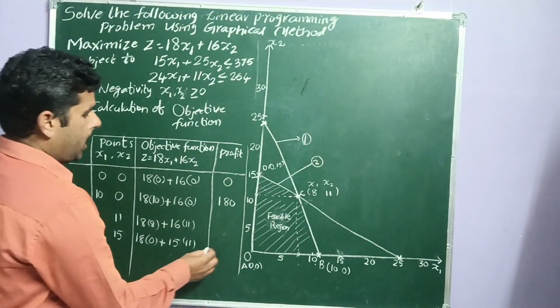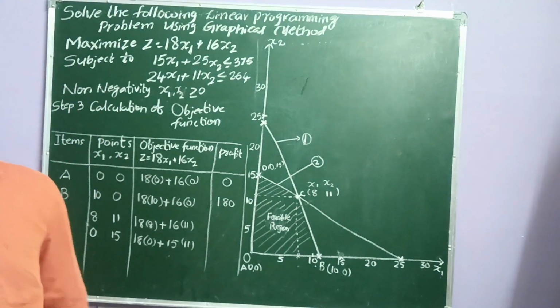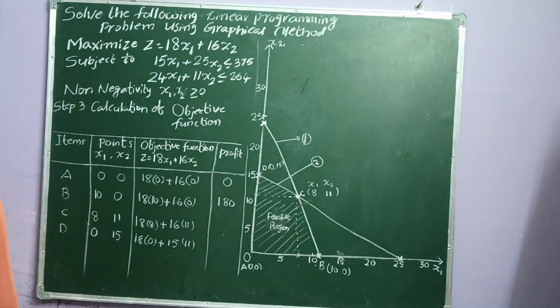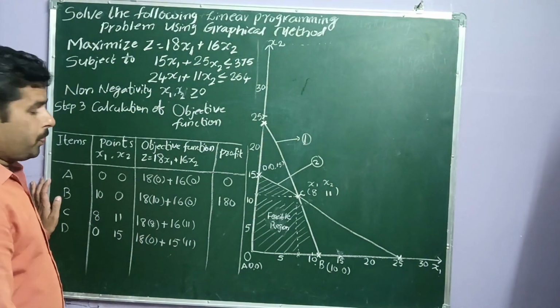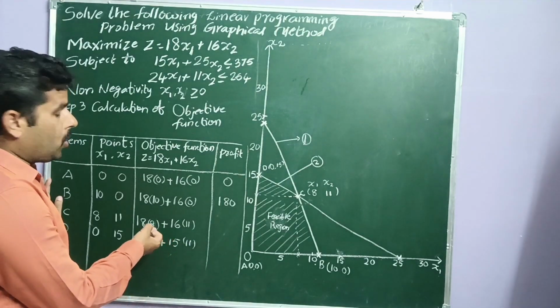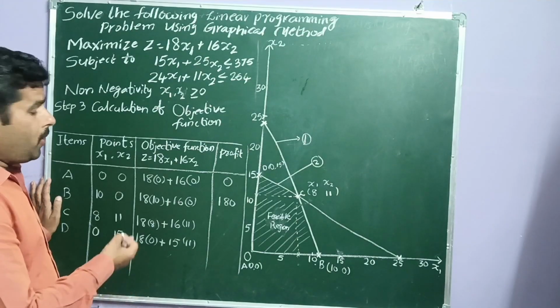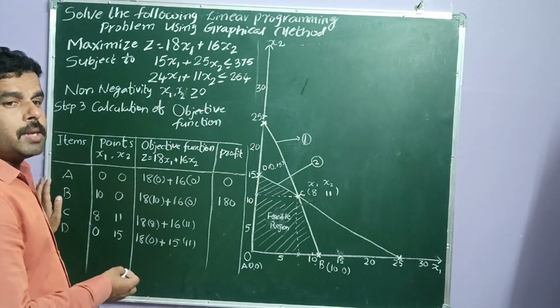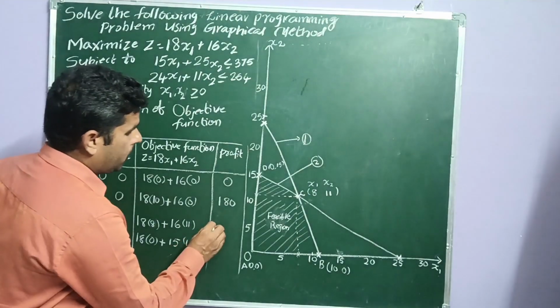For C, 18 into 8 plus 16 into 11. Why? Because we got x1 and x2 values here: x1 is 8 and x2 is 11. So 18 into 8 is 144.